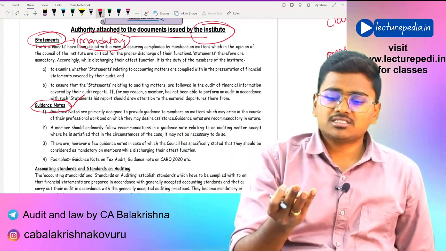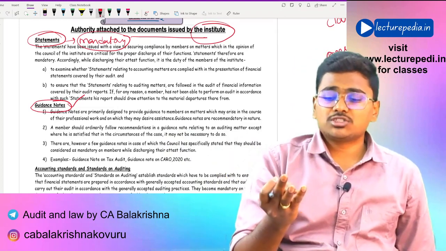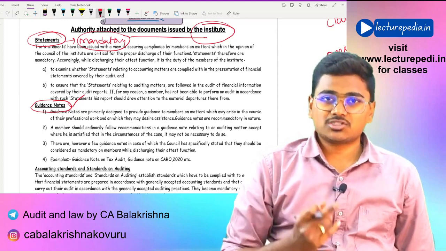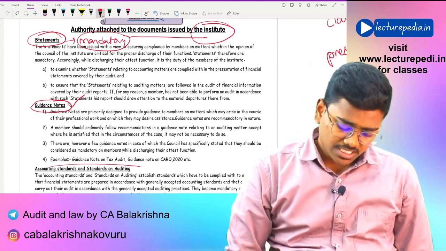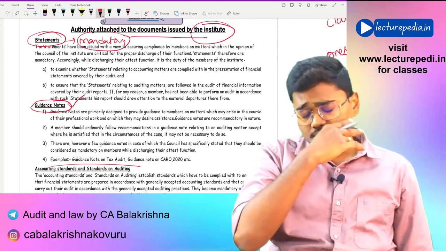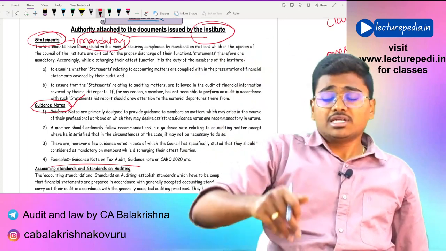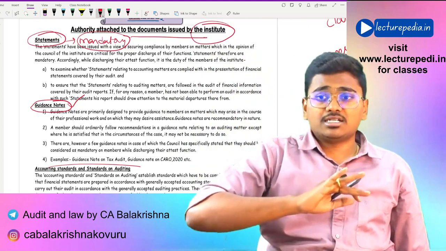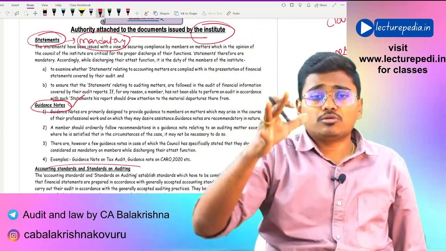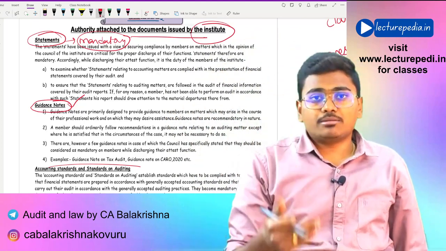Example, ICAI has issued guidance note on tax audit. Those are some examples, and these guidance notes generally are not mandatory, but if in the guidance note it is specifically stated that all the members must follow this guidance note, in that case they become mandatory.